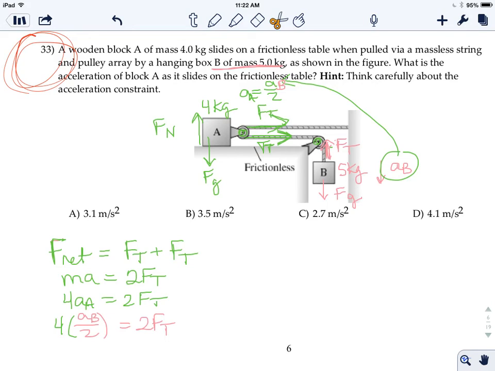Simplifying this, we get 2 times the acceleration of B is equal to 2Ft. So the tension force, this is going to make our life really easy, is equal to the acceleration of B.